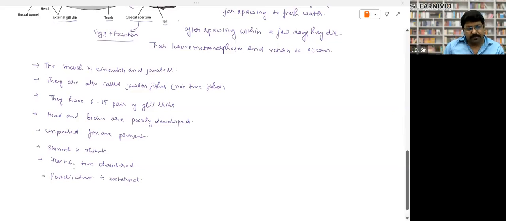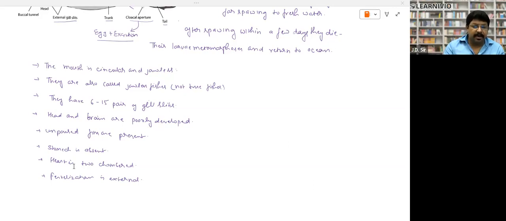They have 6 to 15 pair of gill slits. Next point.